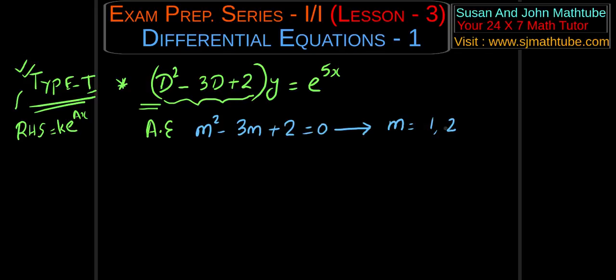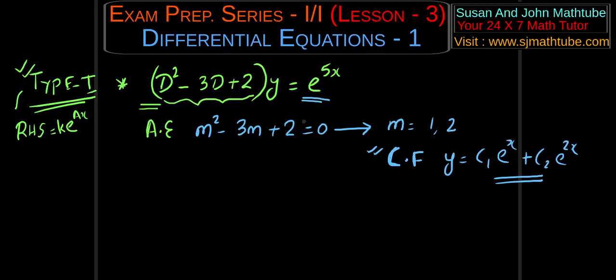The roots are real but different. So the auxiliary equation gives us the solution, and that solution has a name. It's called the complementary function. That is y equal to c1 e to the power 1x plus c2 e to the power 2x. Okay, so that part is done.